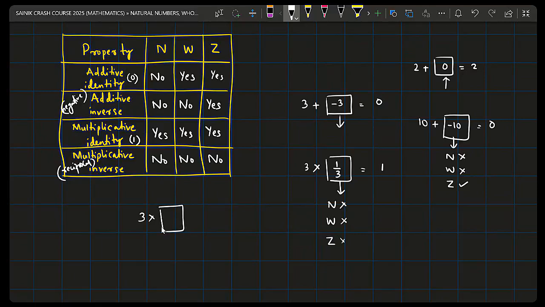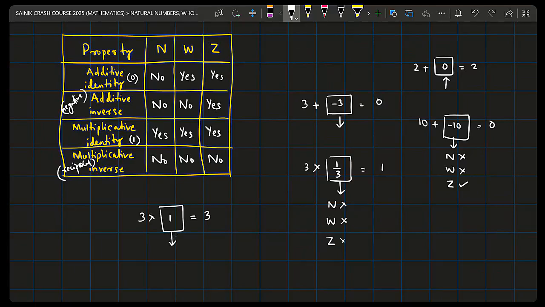Identity, sir. 3 you want to multiply by which number so that the answer is the same answer 3? Sir, 1. That's why 1 is called multiplicative identity. Any number multiplied by 1, the answer is the same result. Arush? Okay, sir. My doubt is cleared.